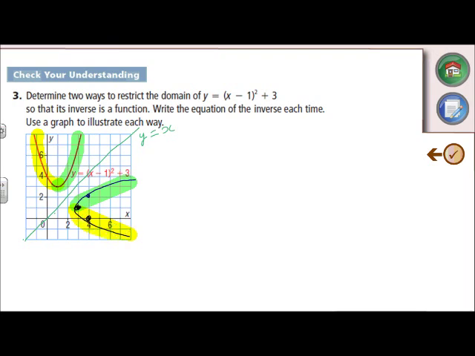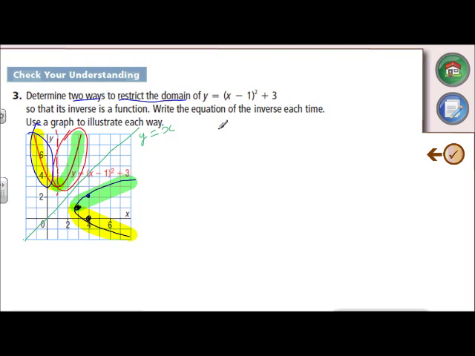So that's what we're going to do. We're going to chop this baby in half and talk about either the right side or the left side, but not both sides. That's how we can restrict the domain in two different ways. Talk about either the right or the left side.